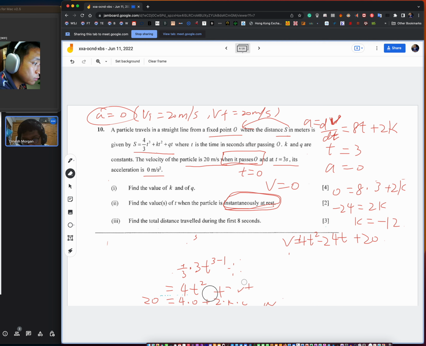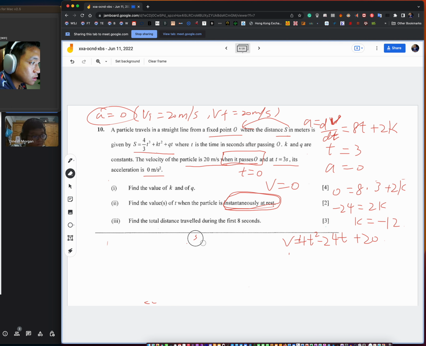So you just have to equate v equals 0 and solve this quadratic equation. Do you know that you can use your calculator to solve the quadratic equation? Very fast. So what's t in this case? You don't have to do the factorization method or use the formula. So t is equal to, you are supposed to get 2t.